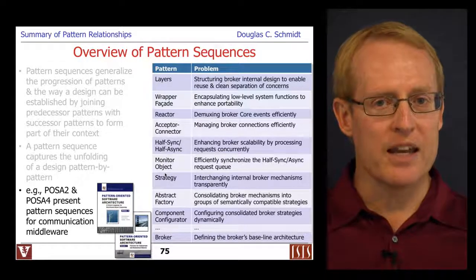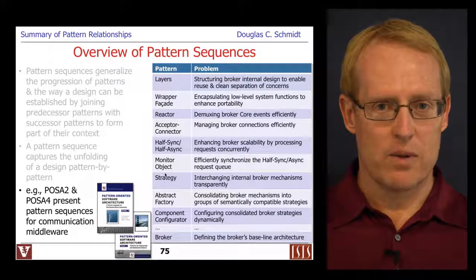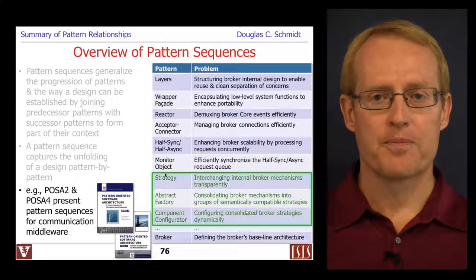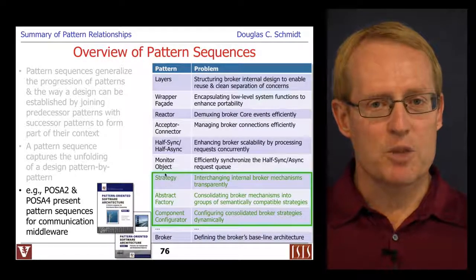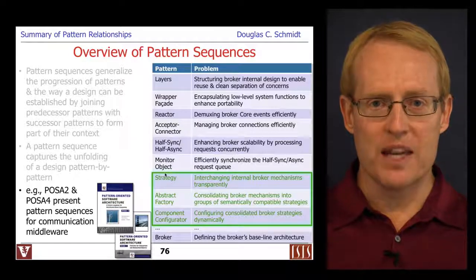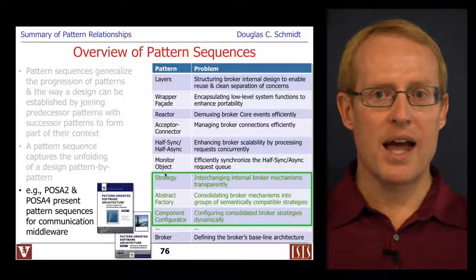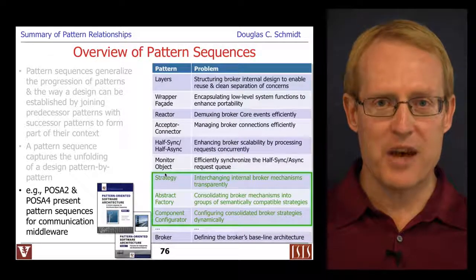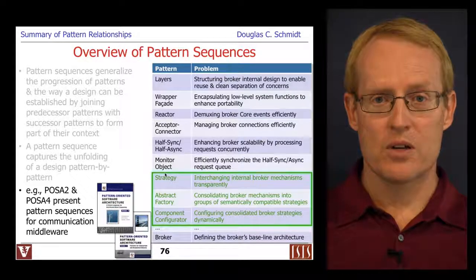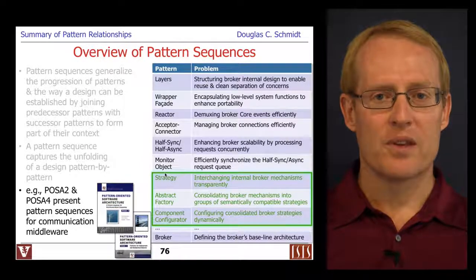And we'll be focusing in on the patterns in that sequence throughout the rest of this module. For this particular part, we're going to zoom in on 3 of the patterns in that sequence. And we're going to talk about how they can be applied to make certain aspects of brokers for concurrent network software more flexible and more efficient.